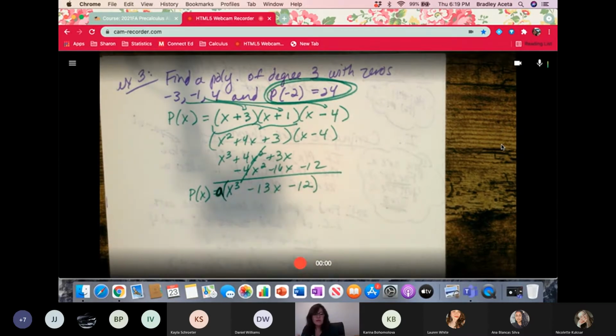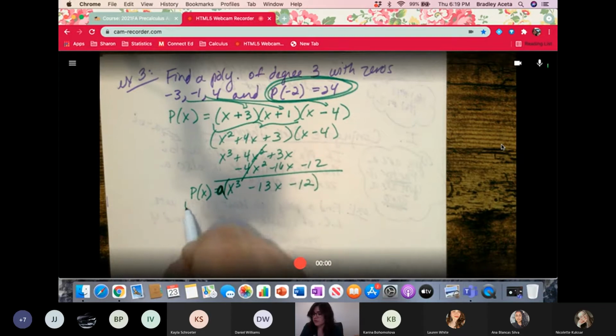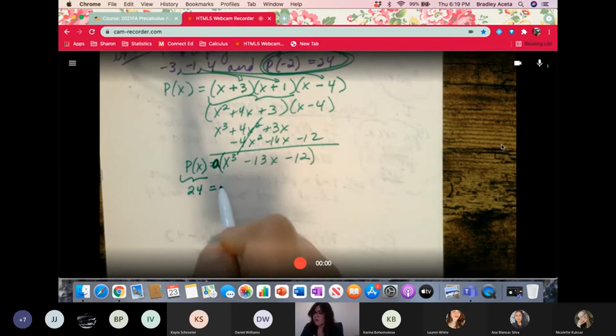And we have to solve that. We have to find out what that a is. And that's where this comes into play. So this is saying when I plug in -2 for x, I should get out a 24. So this should be 24 if I put in a -2 everywhere I see an x.